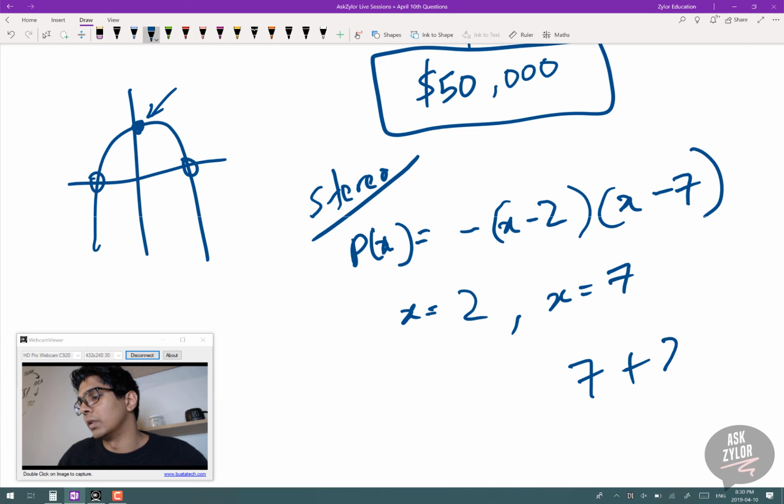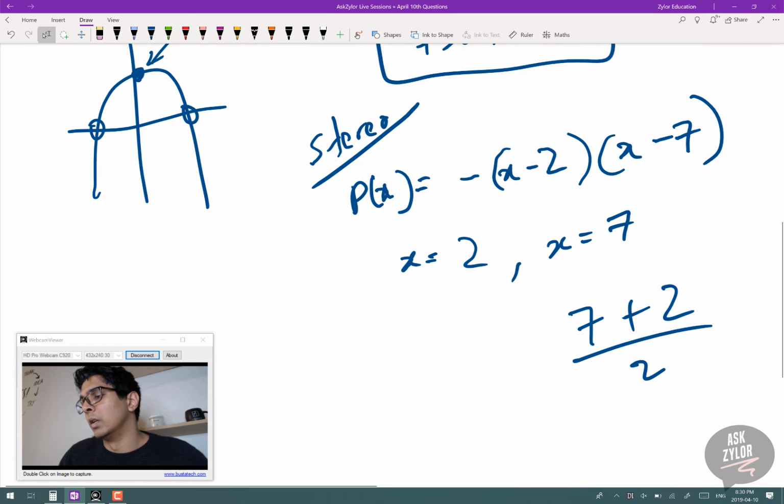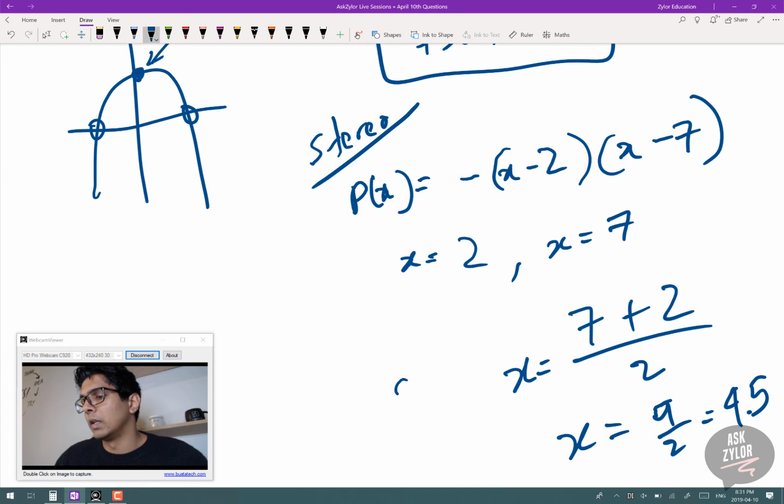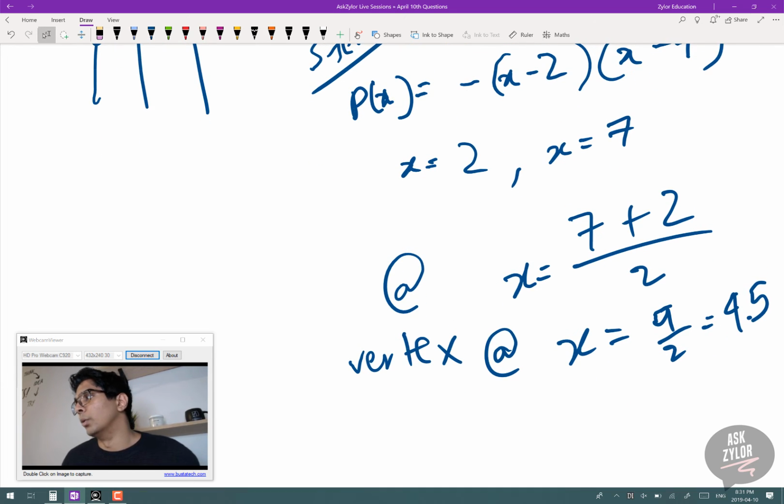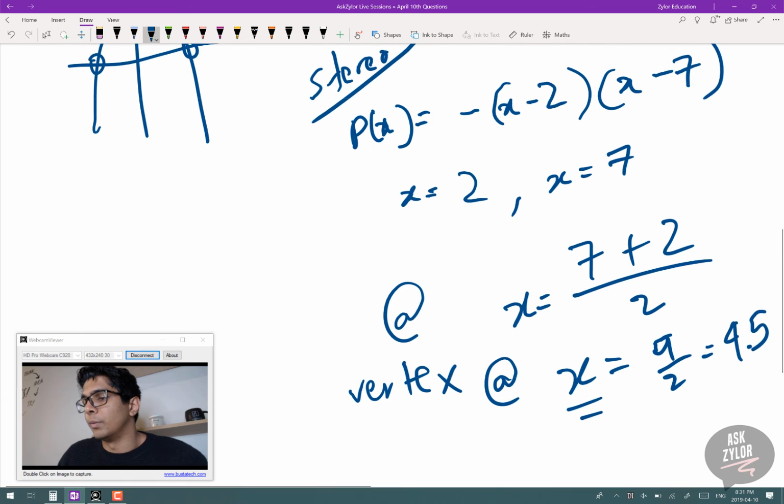So it's just 7 plus 2 divided by 2, which is 9 over 2 or 4.5. So my x at the vertex is x equal to 4.5.